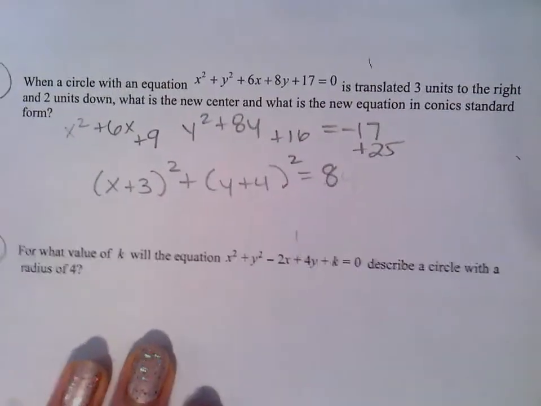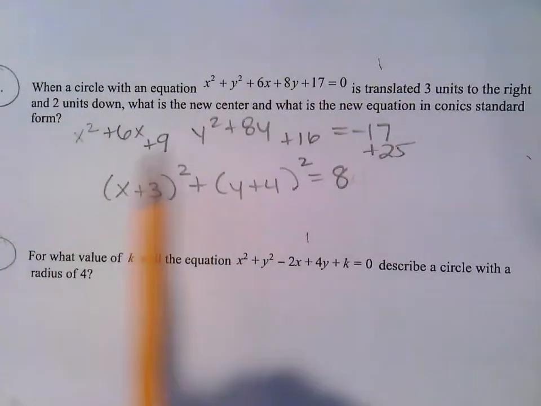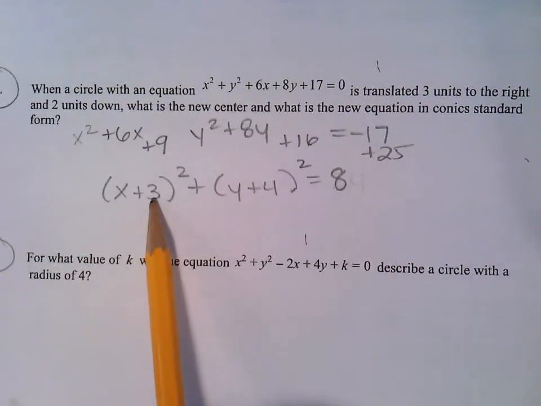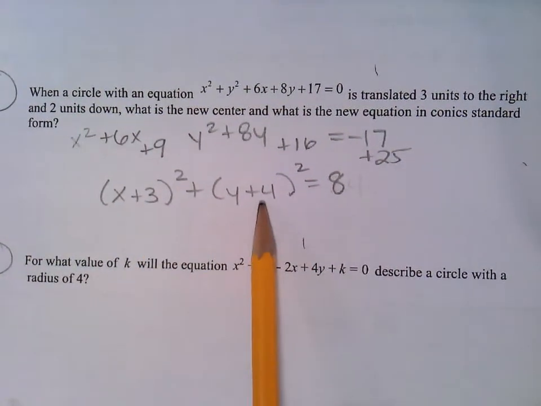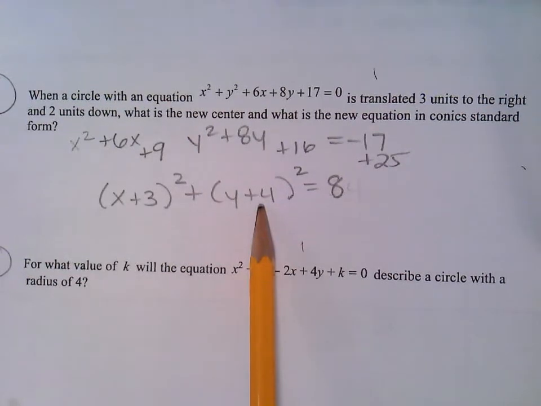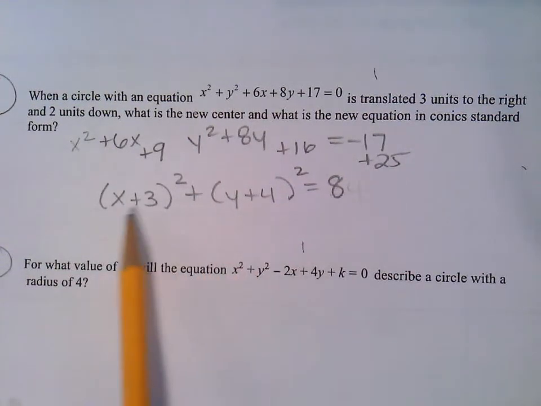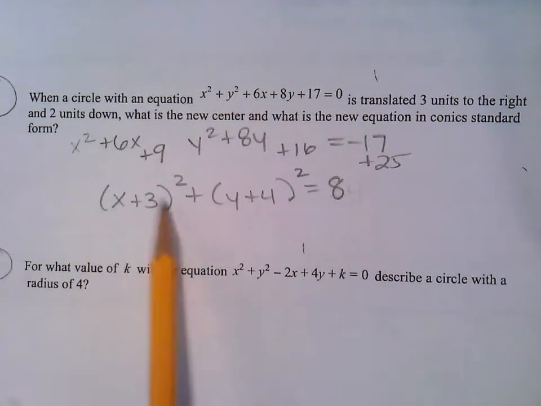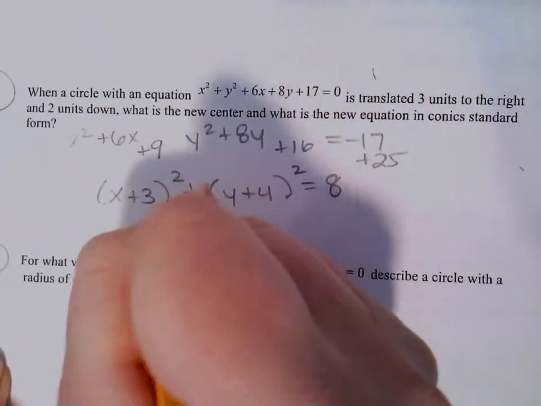So what are they asking me? They want to translate this equation 3 units to the right, 2 units down, and what is the new center and new equation? So if I'm going 3 units to the right, I'm currently at negative 3. Won't that just put me back at 0? So this would just be x squared.